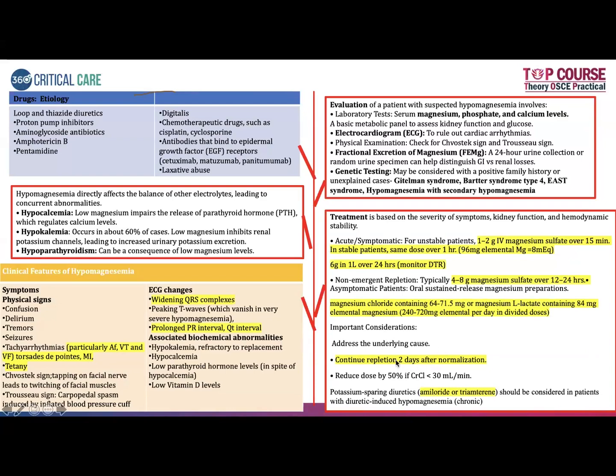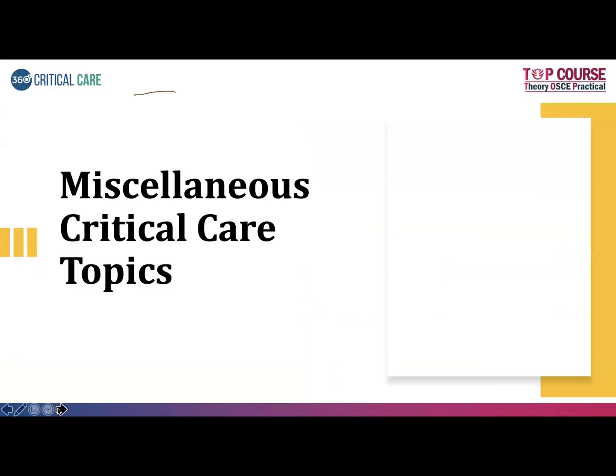It usually takes some time to replenish, especially with oral formulations. Make sure if there is renal dysfunction, you reduce the dose of magnesium supplementation. If the patient is on potassium sparing diuretics and is severely hypomagnesemic, you can also consider amiloride or triamterene.